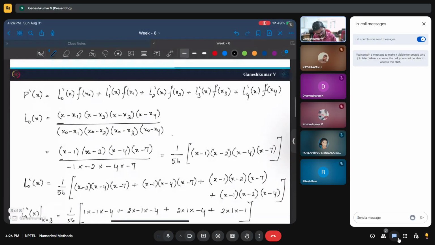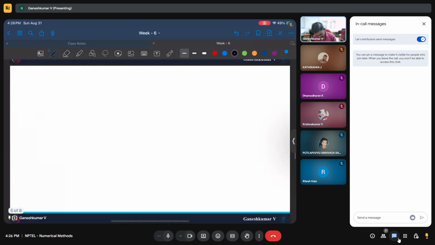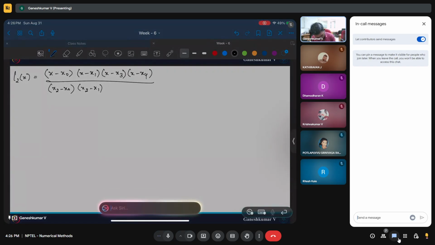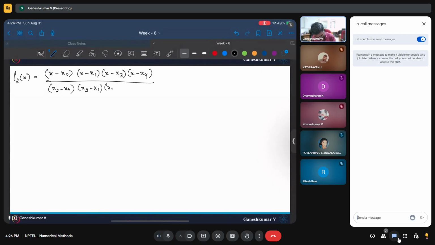Now we need to do the same thing for the other three. Let's do it. L2 of x, which is going to be x minus x naught, x minus x1, x minus x3, x minus x4, divided by x2 minus x naught, x2 minus x1, x2 minus x3, x2 minus x4.